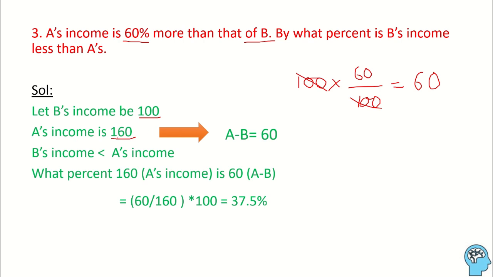A's income will be 100 plus 60, that is 160. By what percent is B's income less than A's? In the question he is already hinting that B's income is less than that of A. So that means A minus B is what you have to find out, that is 60.